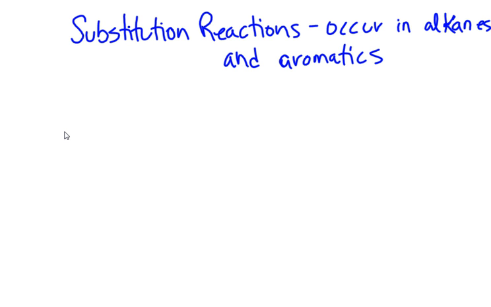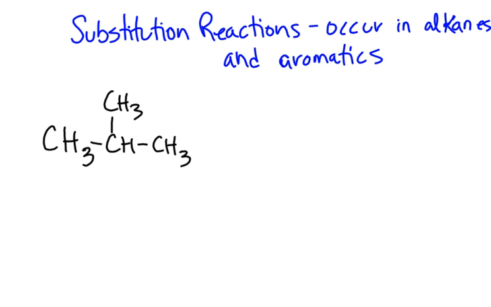If we had a molecule that had different hydrogens in it, so a different molecule, say like methylpropane, if I added chlorine to it in UV, then the chlorine could bond to this carbon, and it would provide two different isomers.